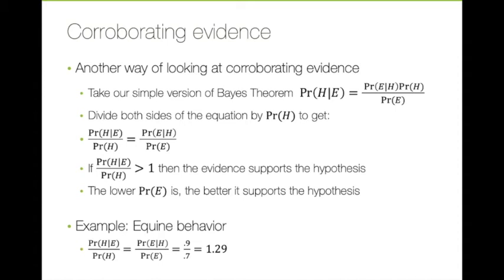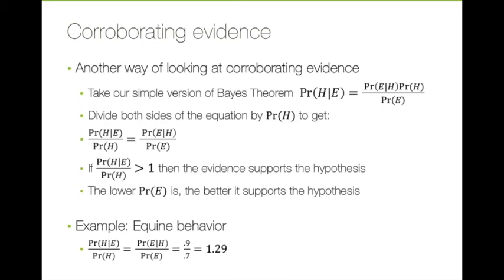Well, that ratio 0.9 to 0.7 gives us 1.29. This number is not a probability because it's not between 0 and 1. It's just a measure of how well the evidence supports the hypothesis. And the higher it is, the higher than 1 it is, the better the evidence supports the hypothesis.